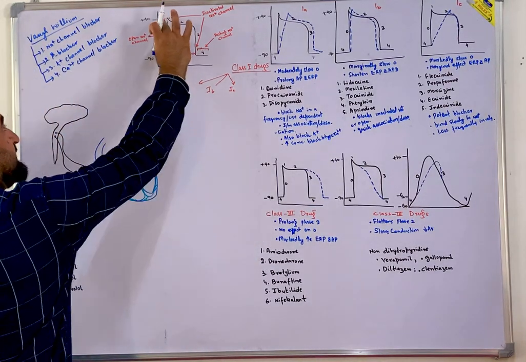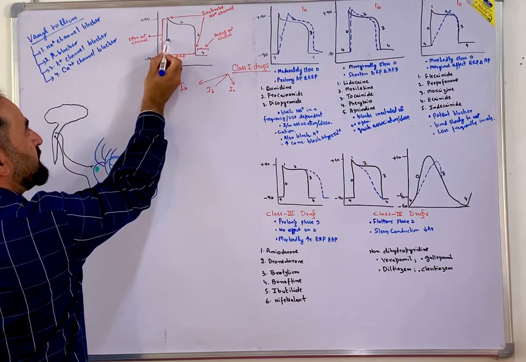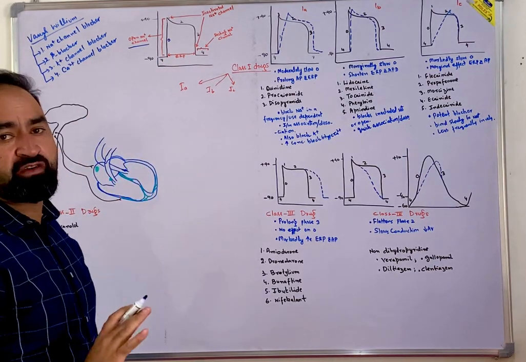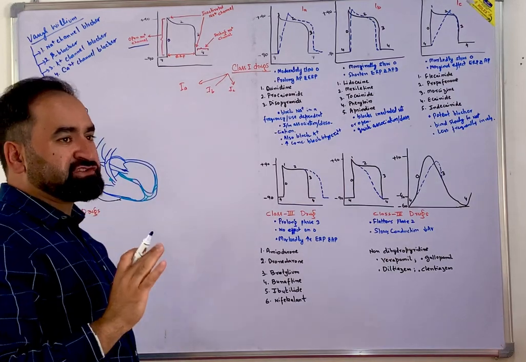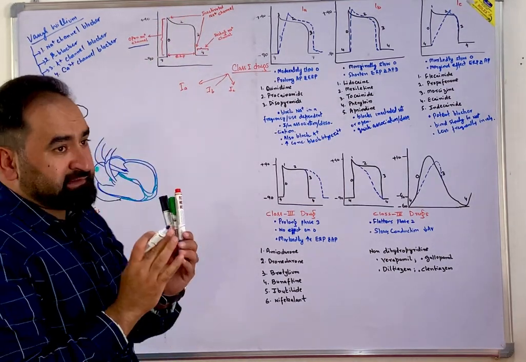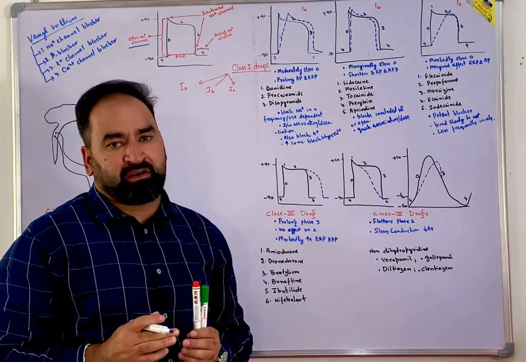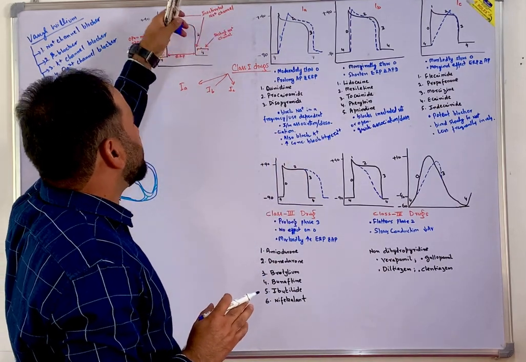This is the activated sodium channel, zero phase, because of activation, because of the open channel. Then there is the inactivated phase: when it reaches plus 40, it becomes inactivated, or we can say it is in the refractory period.